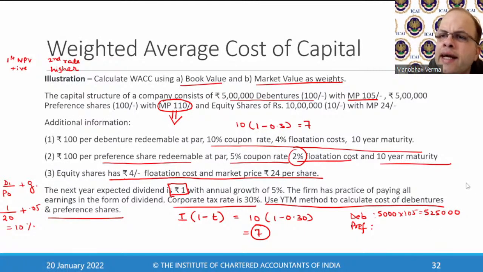Again 5,000, I guess. 5,000 into 110. So preference shares is 550. What about equity?